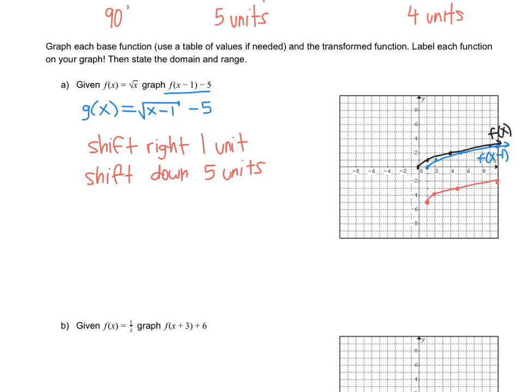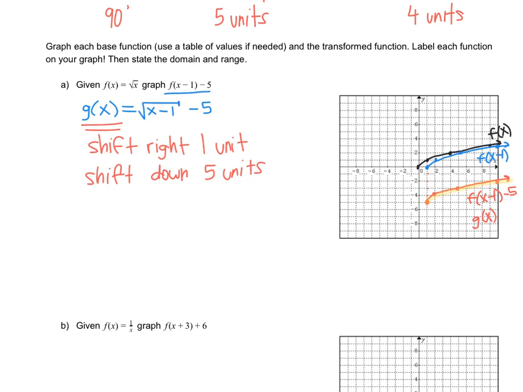And then I will connect my dots, and I can either label this as f at x minus 1 minus 5, or because I already stated that I am graphing g of x, I can also label this square root as g of x. And there we go. This is our final transformed square root.